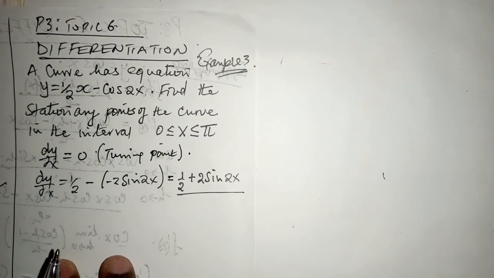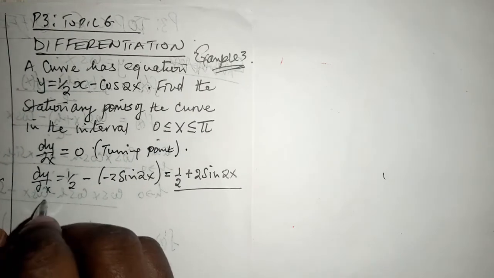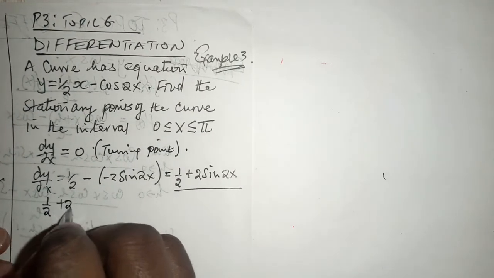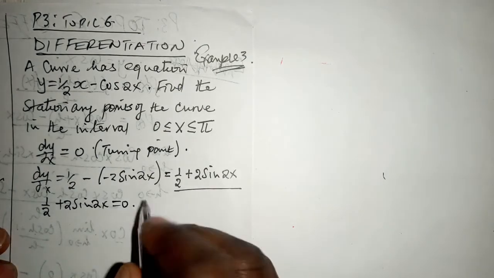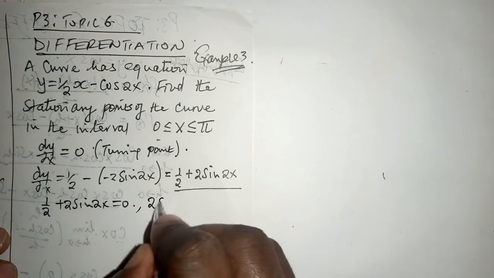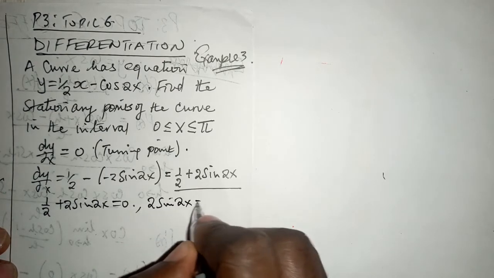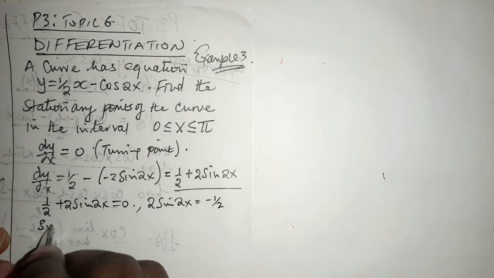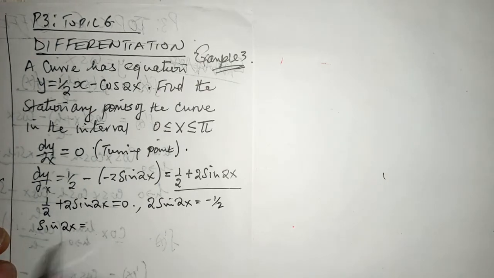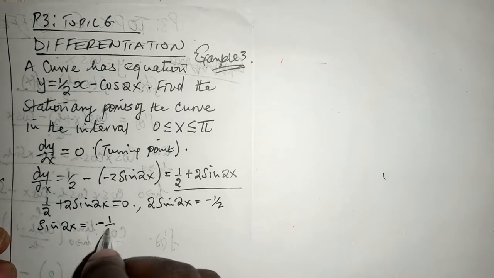It doesn't really matter. So it follows that a half plus 2 sine 2x equals 0. If this is true, 2 sine 2x equals minus a half, and dividing by 2 on both sides, sine 2x equals negative a quarter.